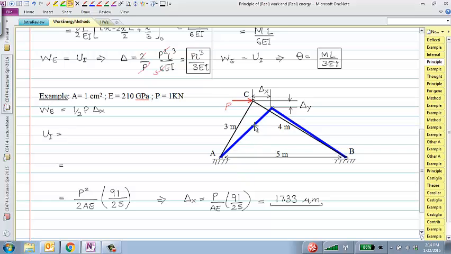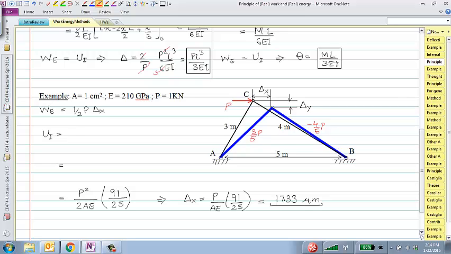So you can show it to convince yourself, the internal force in this member would be 3 over 5 P. Tension or compression? Tension. So I'm going to write that as a positive 3 over 5 P. This guy would be a negative 4 over 5 P, which means compression.